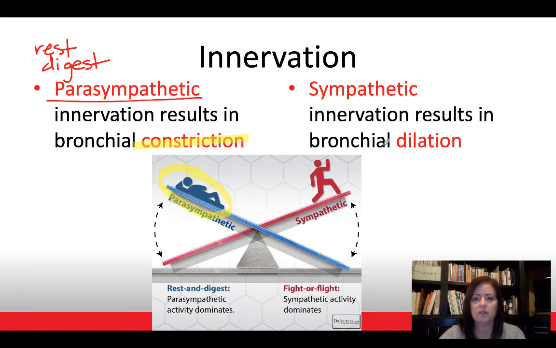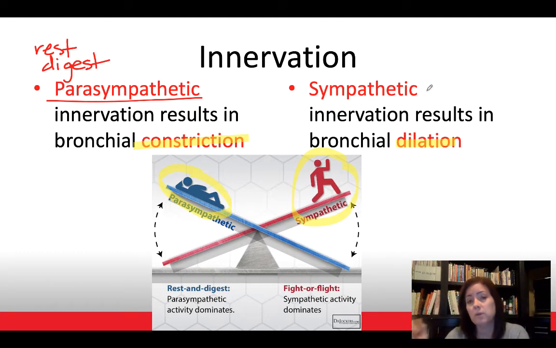On the flip side of things, let's say we have sympathetic activation, and what's happening there? We need to run away from the bear in the parking lot, right? So we need to dilate our airways so that we can move a lot of air in and out. So we're going to see bronchial dilation with sympathetic activation.